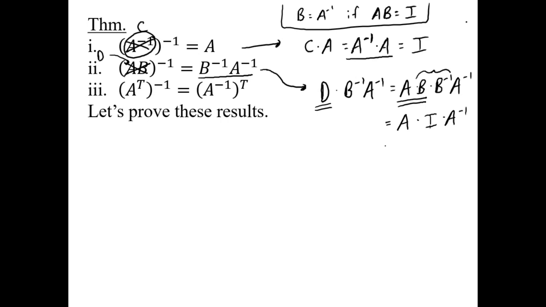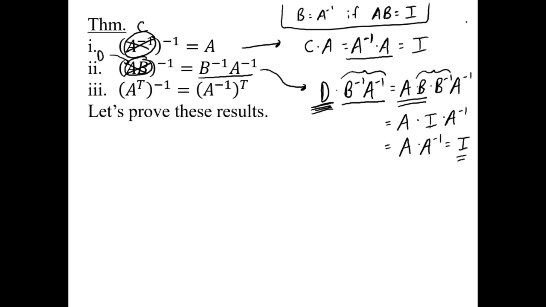And then multiply anything times I, and the I just kind of goes away. And certainly A times A inverse is the identity matrix. So what I've proven is if I take D and I multiply it by all this stuff, I'm going to get the identity matrix. Well, that means that this stuff is the inverse of D. So that stuff is the inverse of A times B.